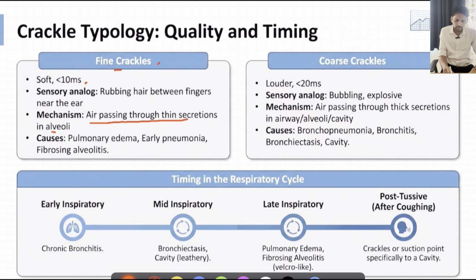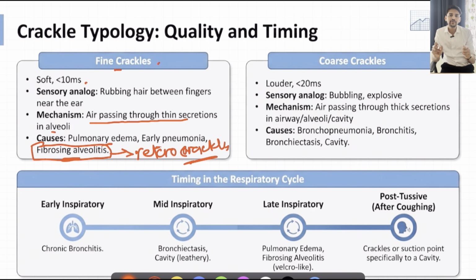Where do we see that? In pulmonary edema, early stage of pneumonia, and the other reason might be fibrosing alveolitis, where actually because of the sudden opening up of the closed airways, that opening up of crumpled tissue paper, what I have mentioned, is the mechanism in fibrosing alveolitis. And many a times they label it as Velcro crackles or crepitations.